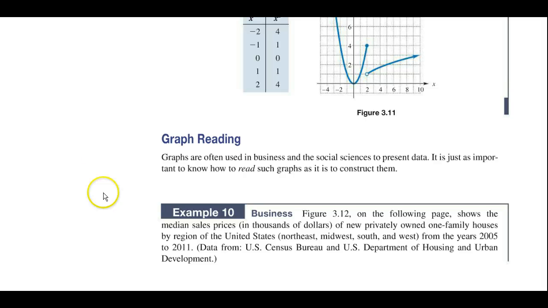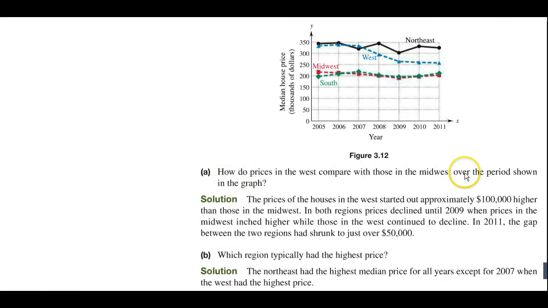In example 10, they're taking a look now at reading a graph and looking this over. So the questions that they're asking here, how do the prices in the West compare with those in the Midwest over the period shown?